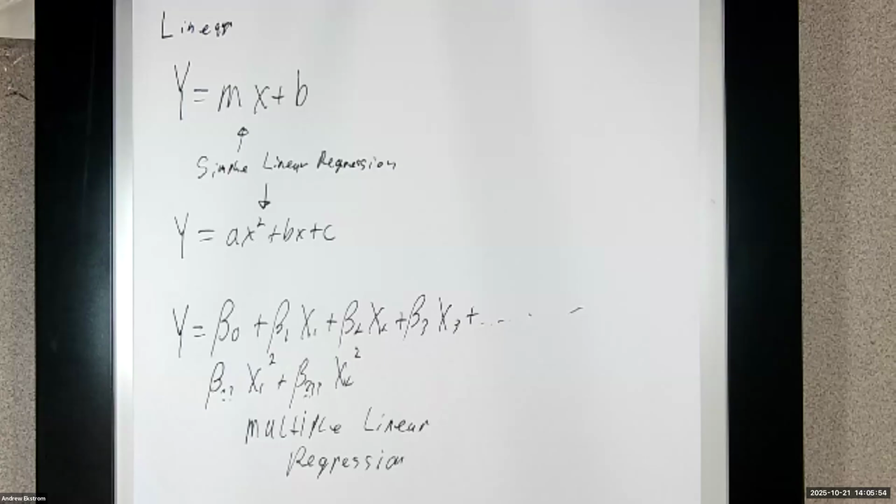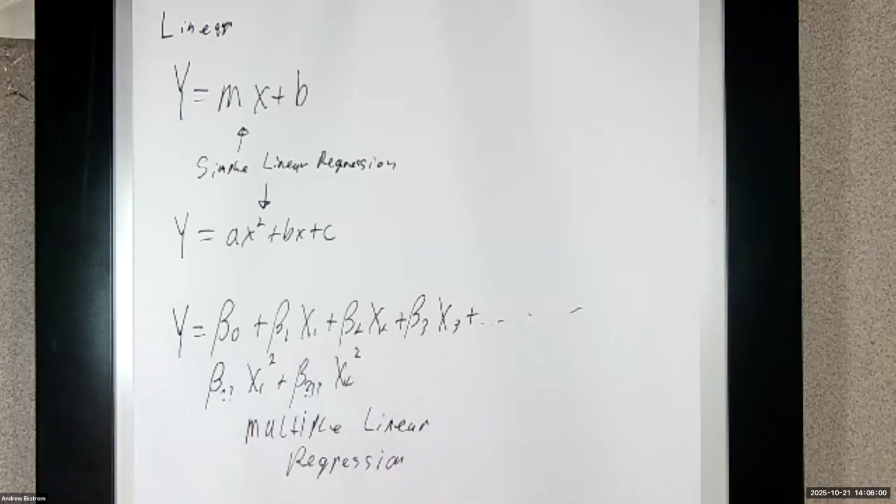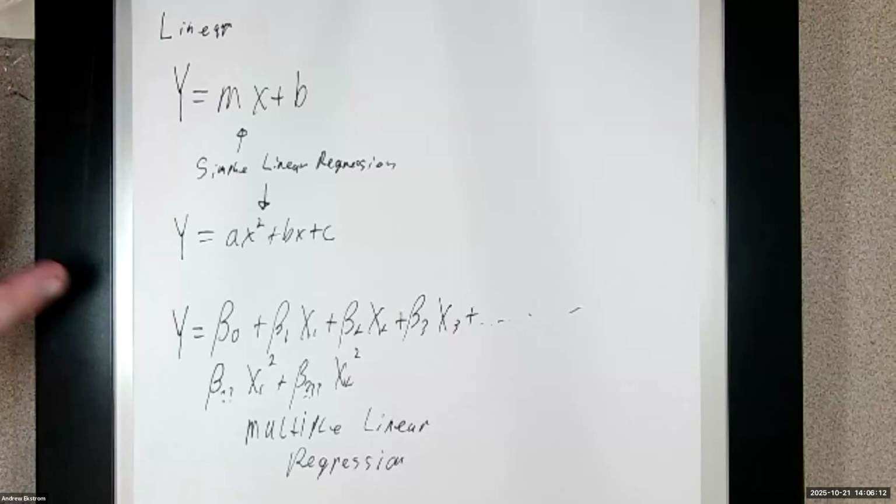If we're talking statistics, all of these X values that we have here are what we would call a random variable or an independent variable. The thing that we're trying to model here, so the Y would be called the dependent variable.